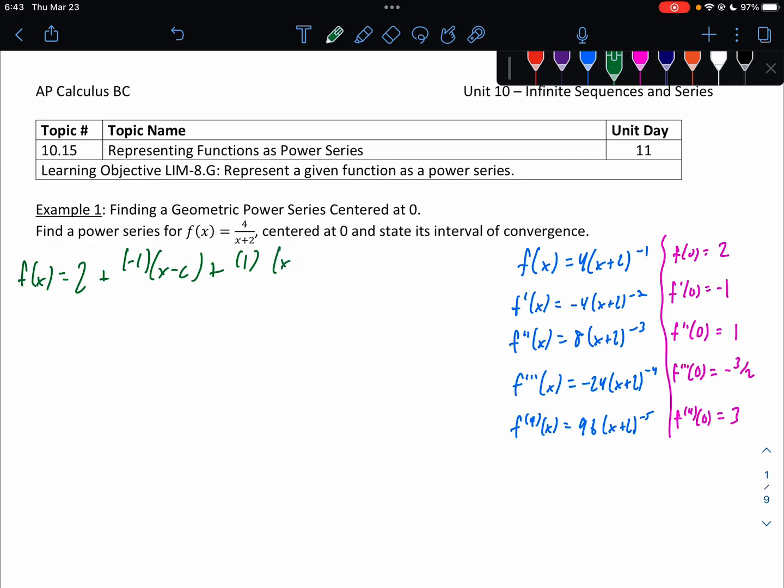Well, c is 0, so we can just go x squared over 2 factorial, plus negative 3 halves times x cubed over 3 factorial, plus 3x to the 4th over 4 factorial.